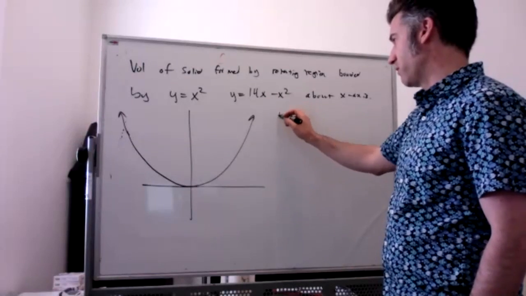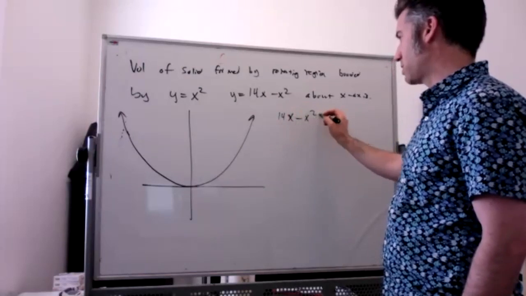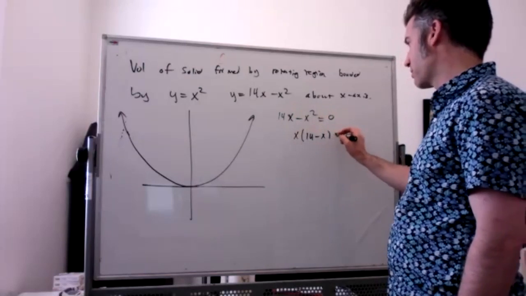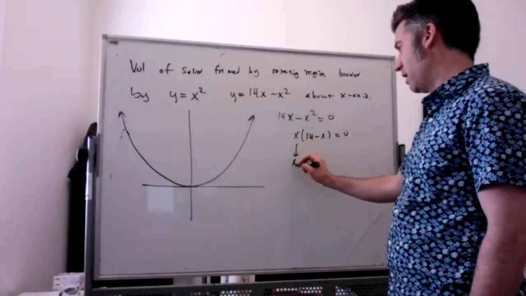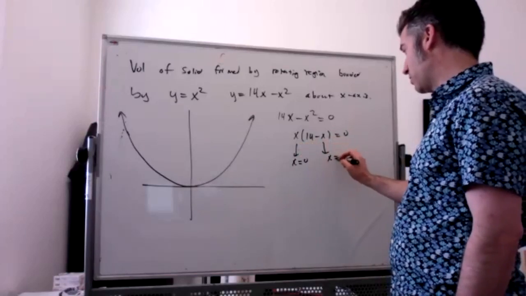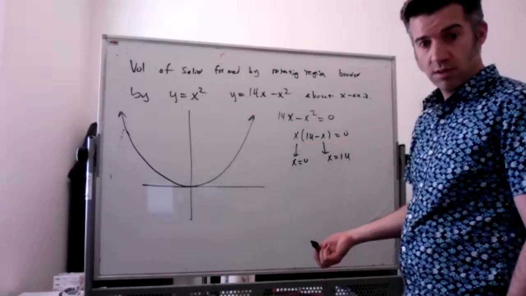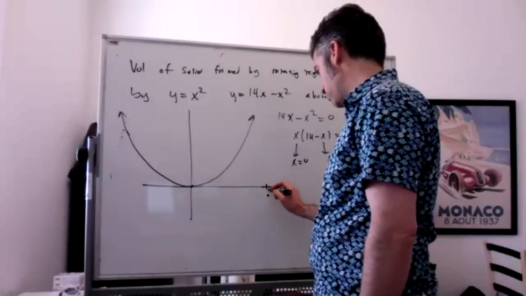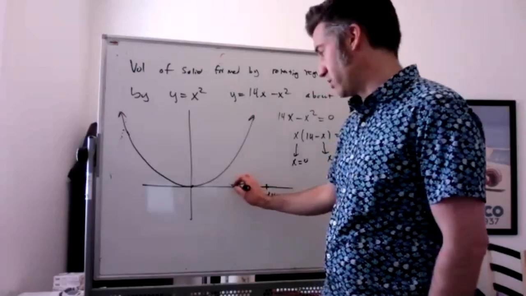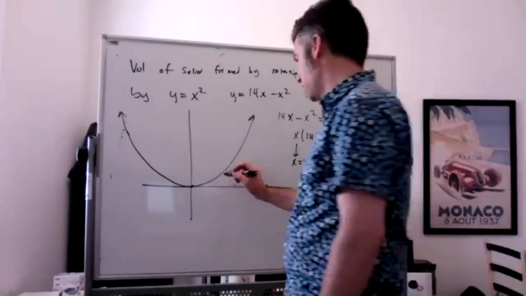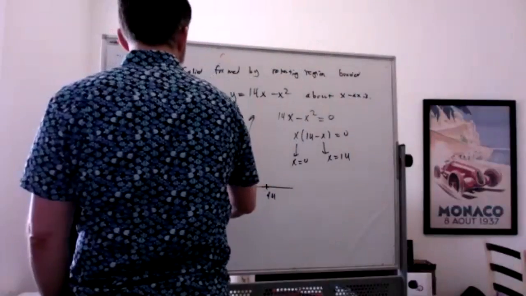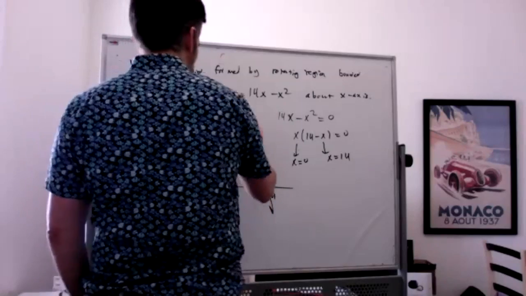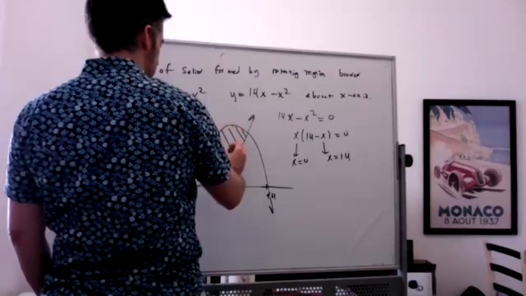If you set the whole thing equal to 0, 14x minus x squared equal to 0, you can factor out an x, and you get x equal to 0 and x equal to 14. So my intercepts are x equal to 0 and x equal to 14. Halfway between, at 7, you'll have the vertex, its highest point. So we're looking for this to be our region.